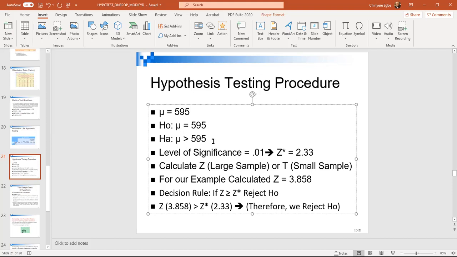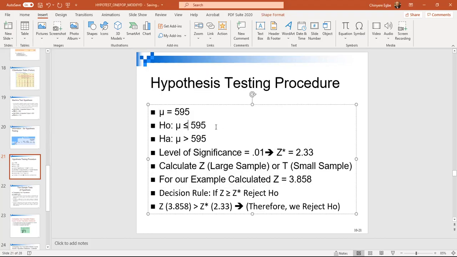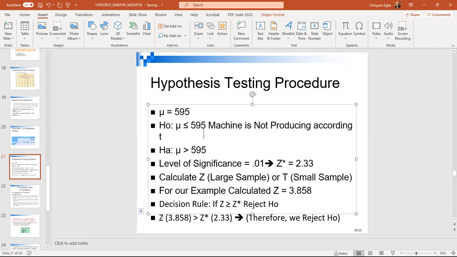Okay? So let me modify this a little bit so that our issue is very clear. So a machine is not producing according to its rating.